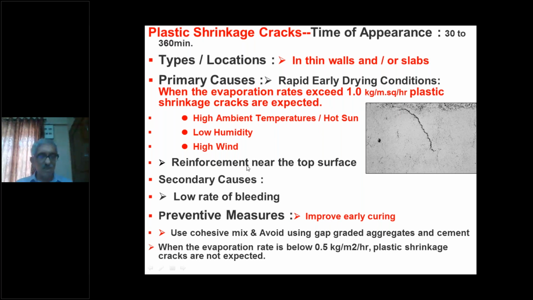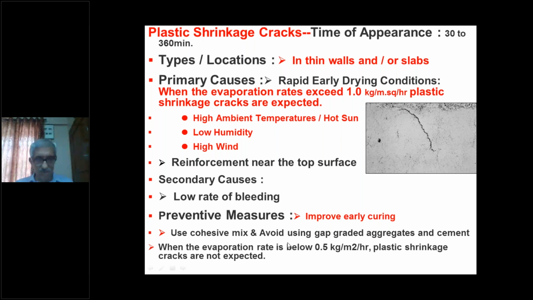The secondary causes could be reinforcement near the top and a low rate of bleeding. If the concrete bleeds faster, it gives a thin sheen of water on the surface, and therefore less chance of plastic shrinkage cracks occurring. Now the preventive measures are: improve early curing, which I will deal with in a little detail in the next slide.